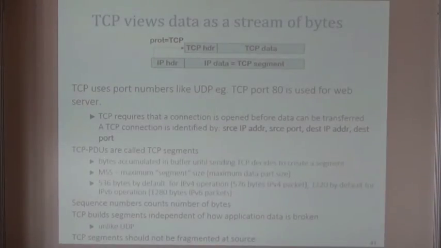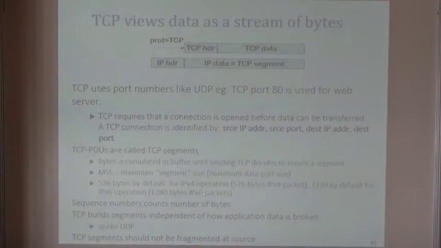The TCP PDUs, so the data that TCP uses, are called TCP segments. And the most important thing to know about the segment is that it has a maximum size, which of course has to do with the fact that IP packets have a maximum size. The maximum segment size is typically one of the options sent in the TCP header when a SYN packet is sent.